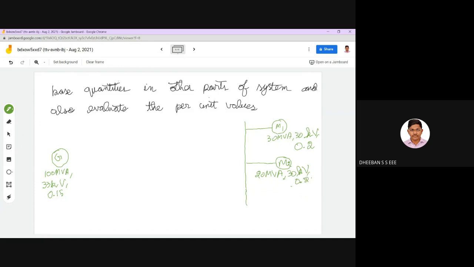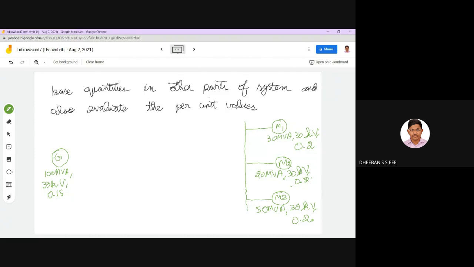Okay, so the difference between M1 and M2 is that the current flow is different in these motors. Coming to M3, it will be around 50 MVA, comma 30 kV, comma 0.2.